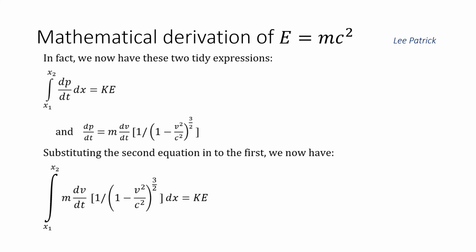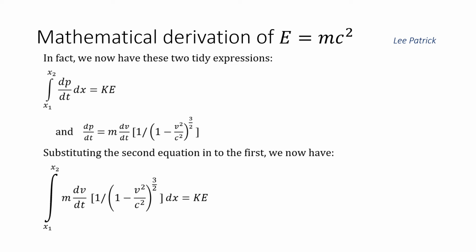In fact, we now have these two tidy expressions. The integral from x1 to x2 of dp by dt with respect to x is kinetic energy, and dp by dt equals m dv by dt multiplied by 1 over (1 minus v squared over c squared) to the power 3 over 2.